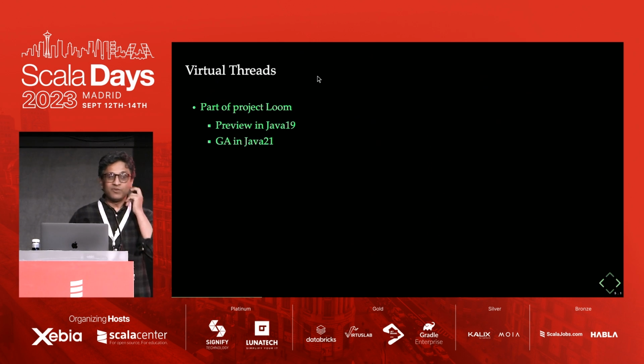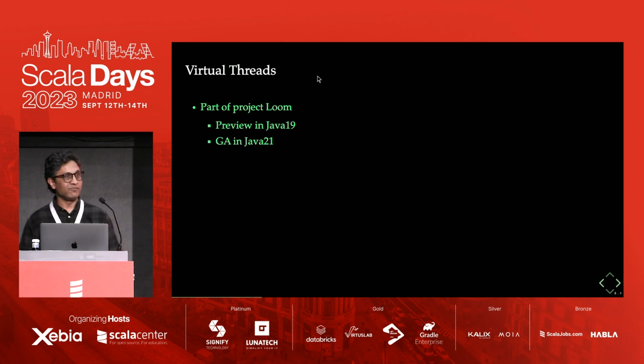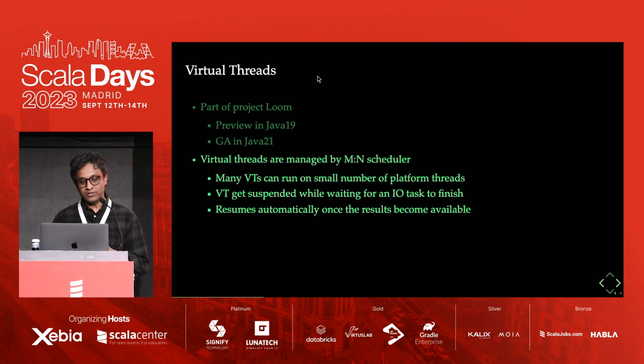But first, what are virtual threads? So Project Loom, which is going to be generally available in Java 21 next week, is available now as a preview. And if you use Java 19 onwards, you can try that. And what do virtual threads give us?